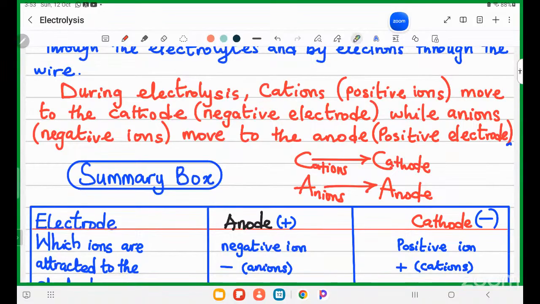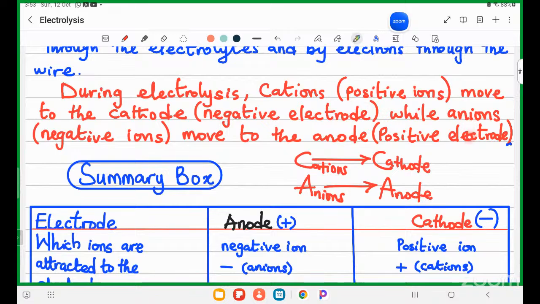They are the positively charged ions. During electrolysis, the cations will migrate, will move toward the cathode, that is the negative electrode.